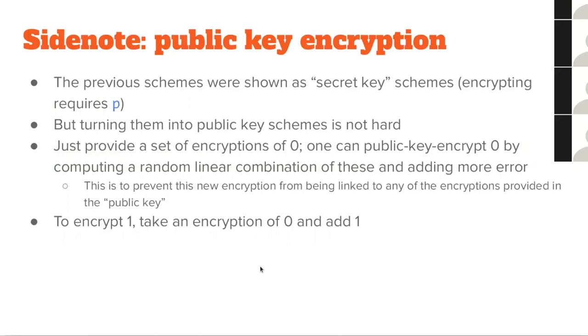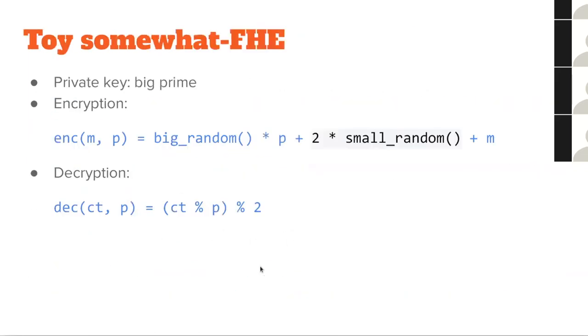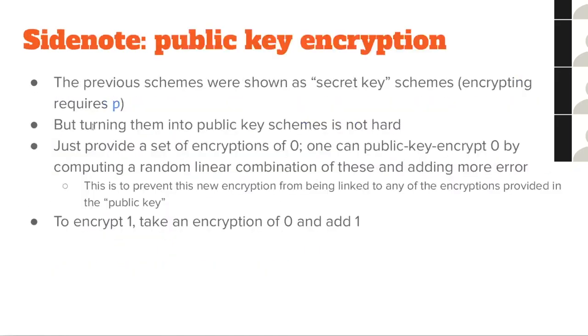As a side note, public key encryption. I showed this scheme as a secret key scheme, right? You need p to encrypt. Now, turning these schemes into public key schemes is really easy. You provide a bunch of encryptions of 0, and then you can public key encrypt 0 by computing a random linear combination of these, and you can add some more error. If you want to encrypt 1, you can take these encryptions of 0 and add 1.